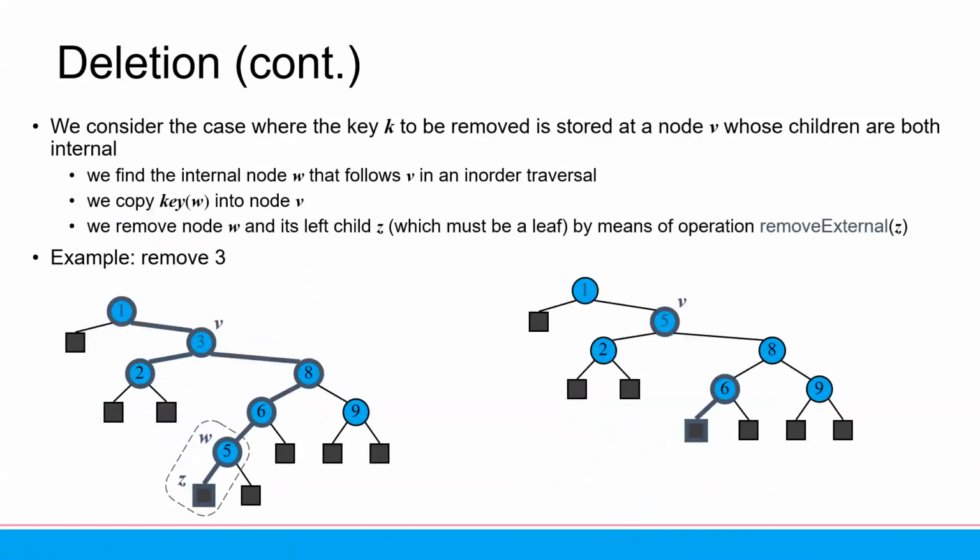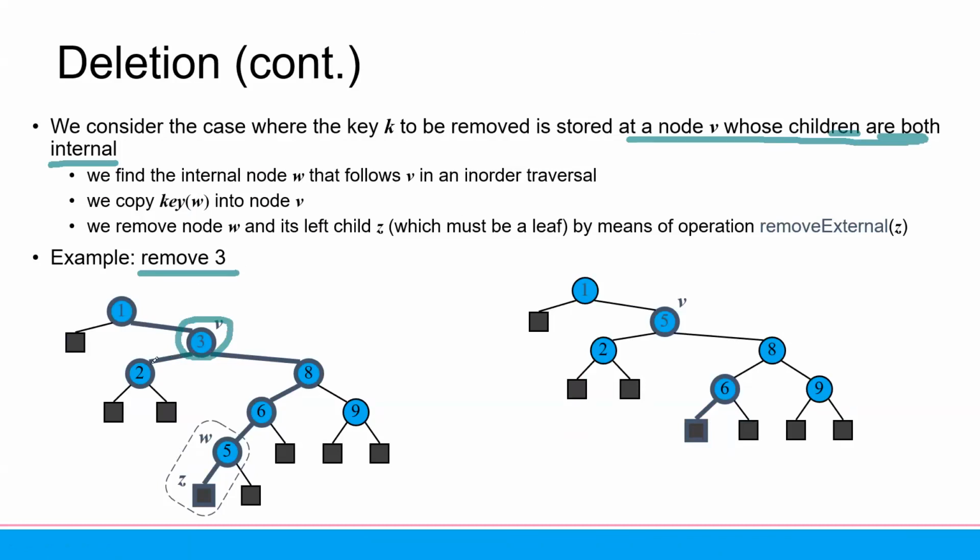Now there will be another case. What if we want to remove a node v that has children that are both internal nodes? In this case, I want to remove 3.